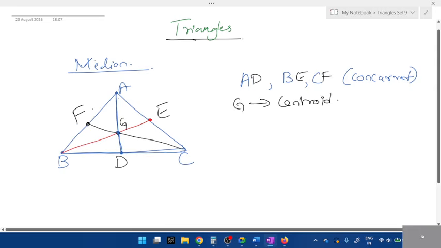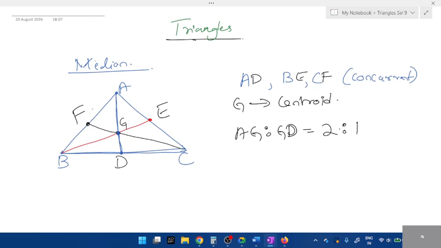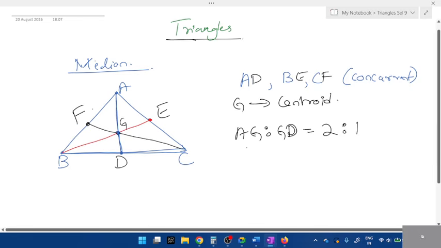Okay, and there is a value for AG and GD, students. The ratio of AG to GD is equal to 2 to 1. In the same way, for the other median, BG to GE, the ratio will be 2 to 1.